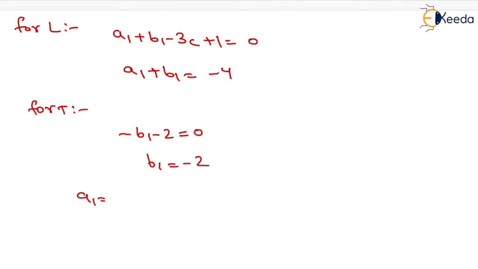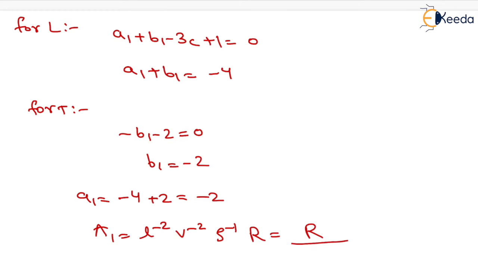So a1 will be equal to minus 4 plus 2, which equals minus 2. So the value of pi 1 will be equal to L to the power minus 2, V to the power minus 2, rho to the power minus 1 into R. So it will be equal to R upon L square V square rho. That will be the solution for pi 1.